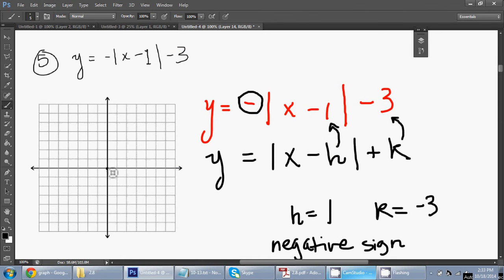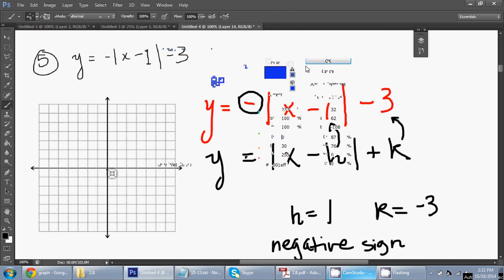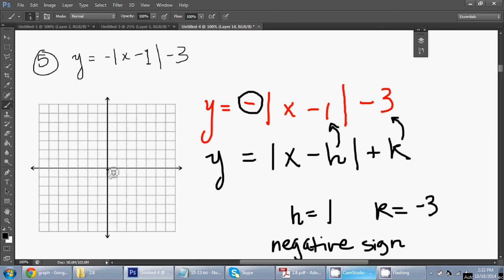To graph this, first we start at the center, because we know in the parent function it starts at the center. Instead of graphing at the center, we're going to move h and k. H is 1, so we move the center to the right by positive 1. K is negative 3, so it goes down by 3: 1, 2, 3. So the new center of our graph will be down here at the point (1, -3).